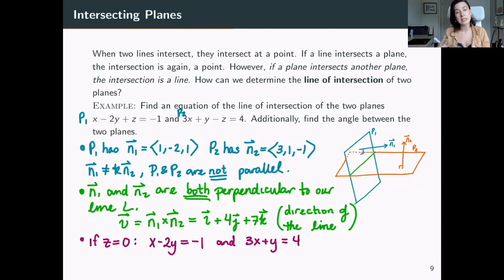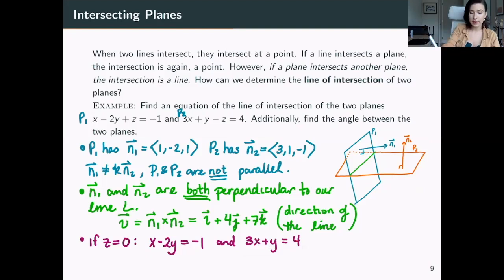So we have a system of equations that we need to solve algebraically, to solve for the x and y coordinates that happen when these two planes intersect at z equal to 0.